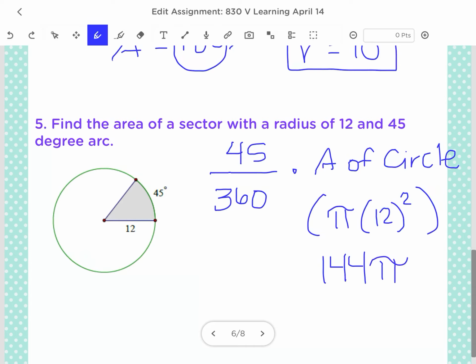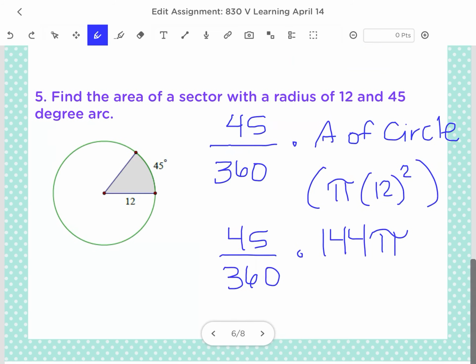So this is 144 pi times 45 over 360. You can do this a couple of ways. You could simplify 45 over 360 and multiply that by 144. You can also simplify and cancel on the diagonal before you do anything.